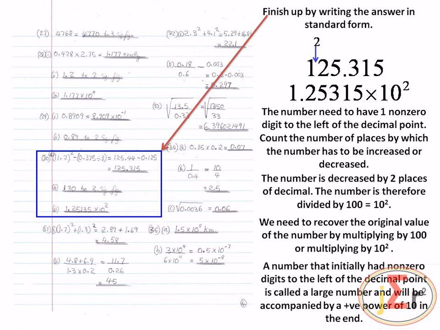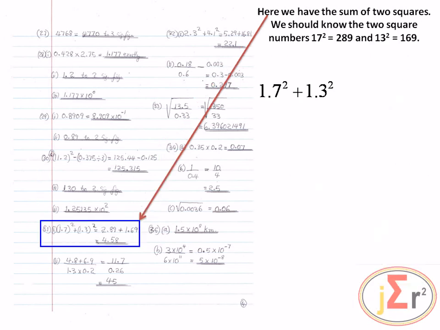And I'm using this as a rule of thumb, that as long as we have non-zero digits to the left of the decimal point, that is classified as a large number. And what do we know about large numbers? Large numbers are accompanied by positive powers of 10 in the end.